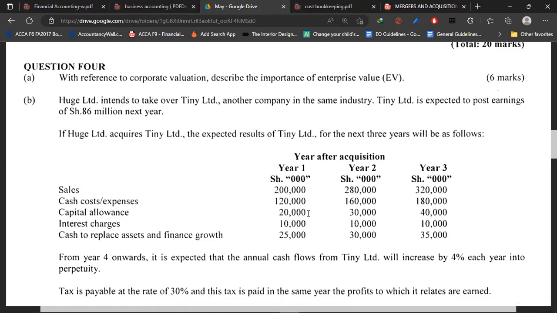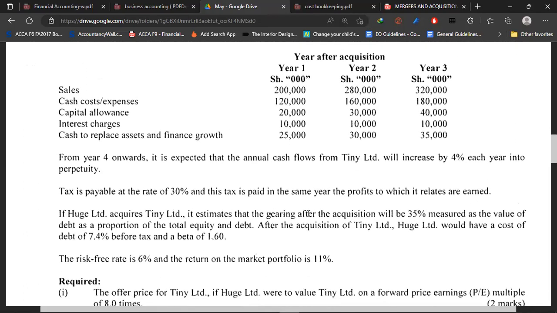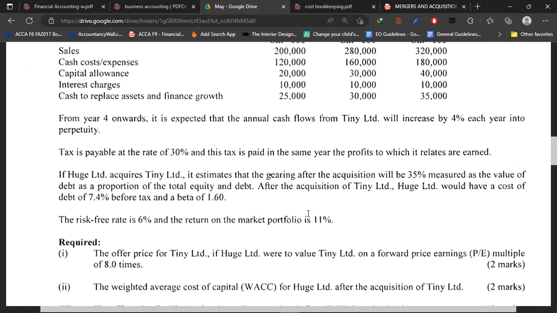From year 4 onwards, it is expected that the annual cash flows from Tiny Limited will increase by 4% each year in perpetuity. Tax is payable at the rate of 30%, and this tax is paid in the same year the profits to which it relates are earned.